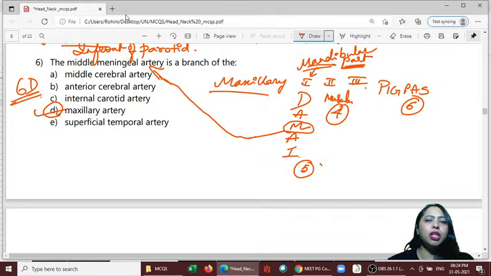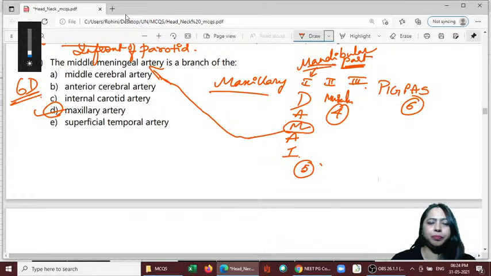The first part's branches are all very close to the joint cavity, that is the TM joint cavity. So you have to remember all these: inferior alveolar also goes to the lower jaw, then accessory meningeal, middle meningeal, deep temporal, everything. So 5 branches are present. So remember this, M is for the middle meningeal.